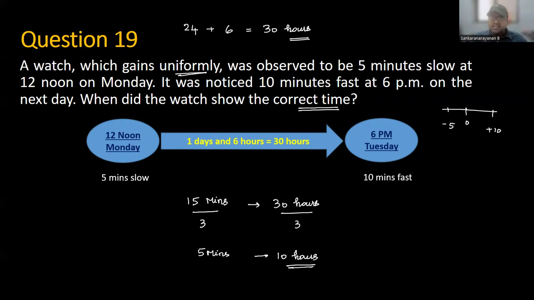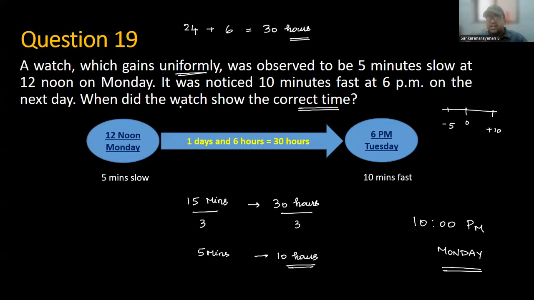So my answer is going to be 10 hours from 12 noon Monday. Okay, so from 12 noon Monday, 10 hours, if I am calculating, exactly at 10 p.m. Monday, this clock would have shown the correct time.